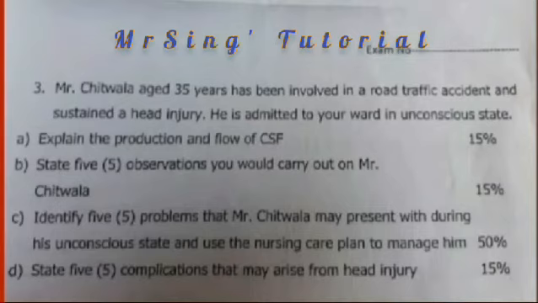From the third ventricle, it flows into the fourth ventricle through the aqueduct of Sylvius. So these are just structures through which the cerebrospinal fluid flows.